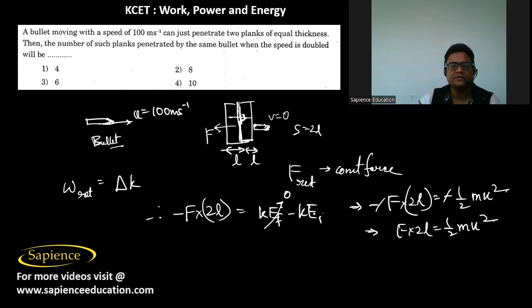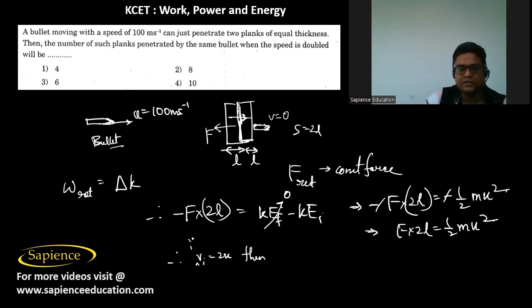Now it is told to find the number of planks when the speed is doubled. Therefore if the initial velocity is 2u, then the initial kinetic energy is equal to F into 2L.